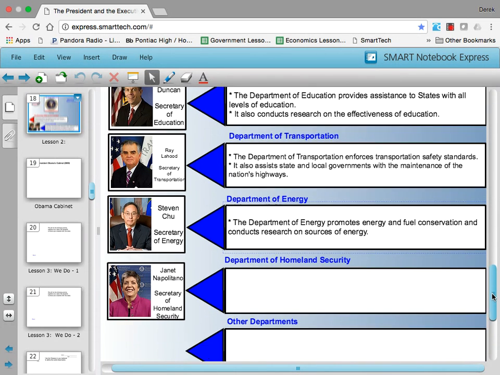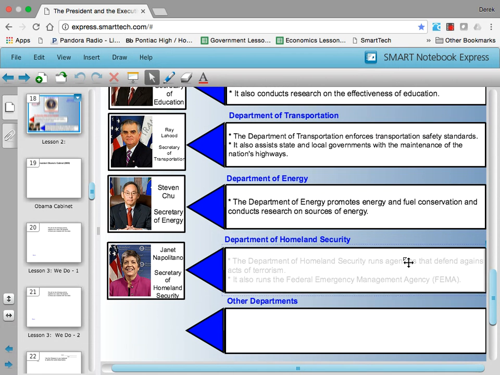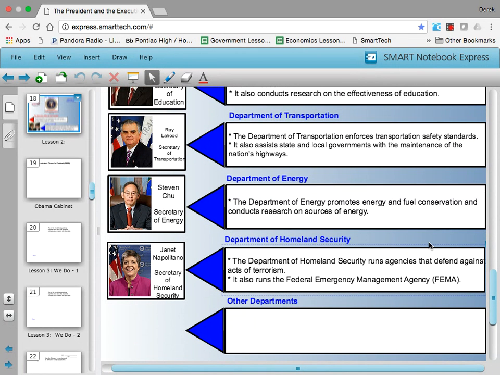All right, Homeland Security. They are responsible for securing the homeland. They basically run the agencies that defend us against acts of terrorism.